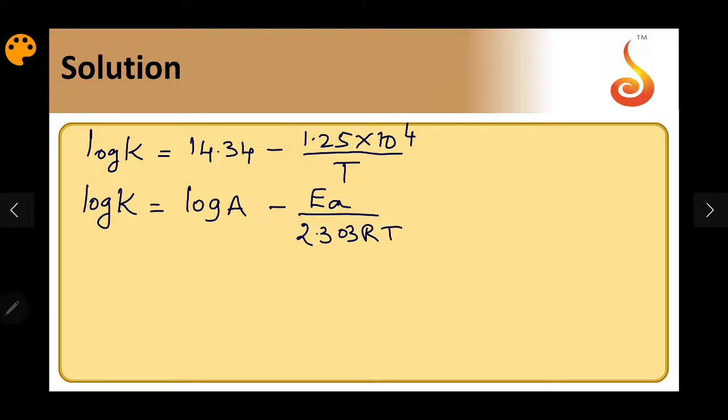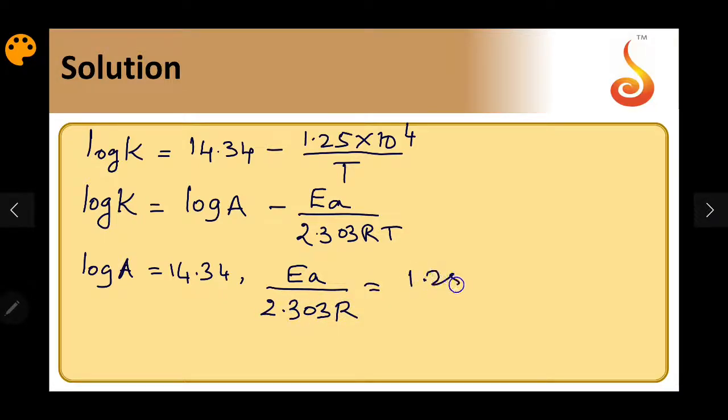Comparing the two equations, what will I get? Log A is 14.34, which is not required as such, and EA by 2.303 R is equal to 1.25 × 10^4.